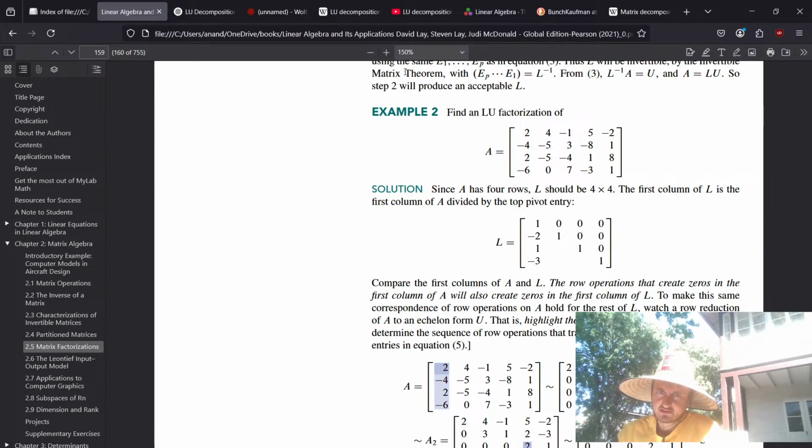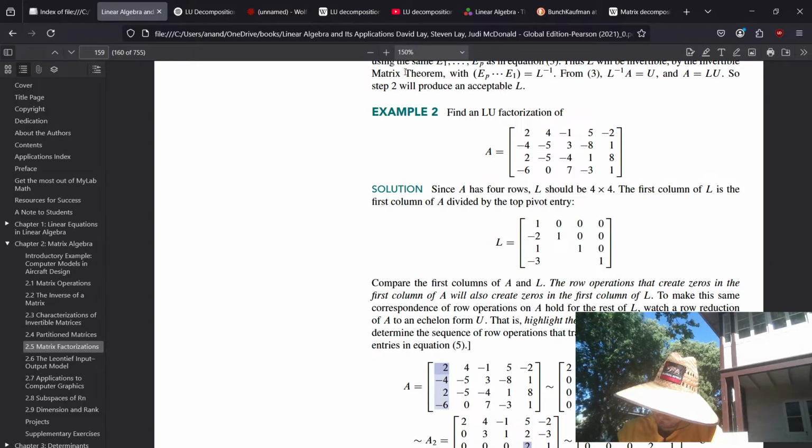So what you're going to get is -4, 2, and 6, and then we have a 2 up here.